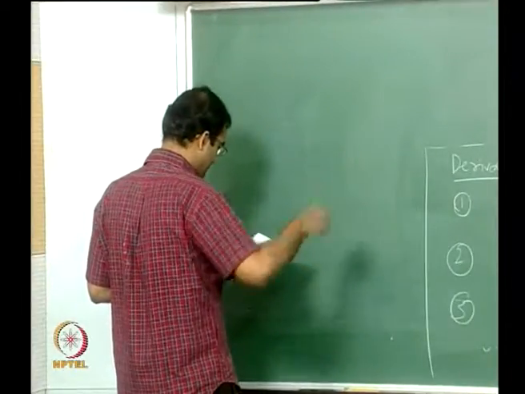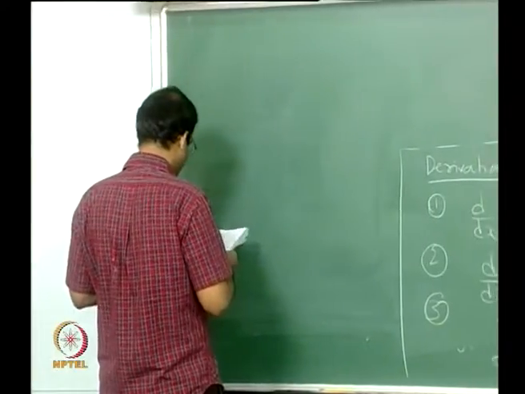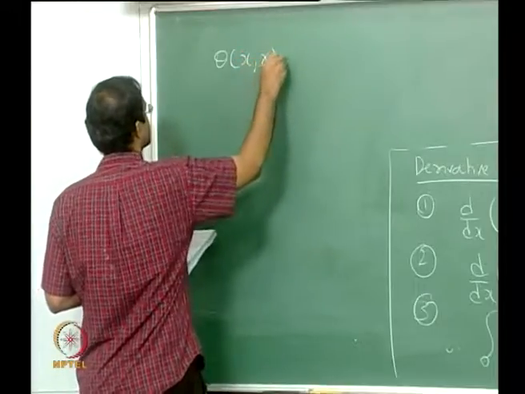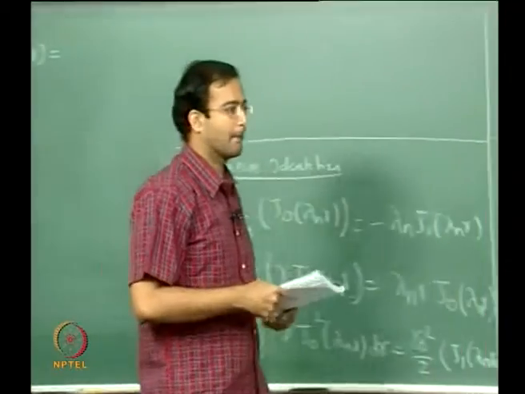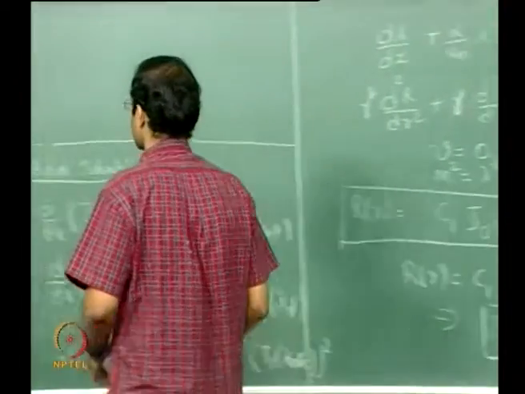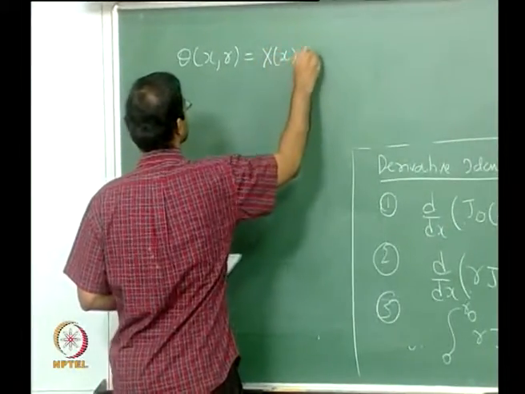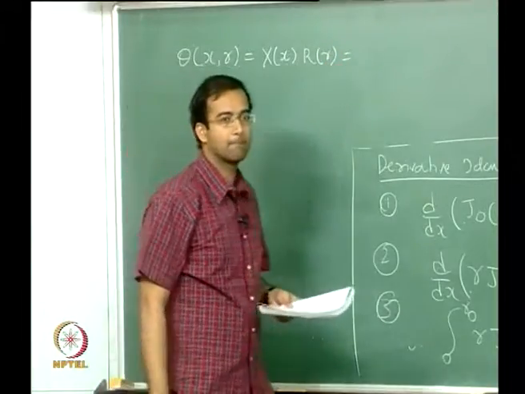So now we have all the necessary background. Therefore you can write your solution for theta(x, r). You have to now tell me what will be the solution. This is nothing but, according to separation of variables, and now we found the solution for both x and r.